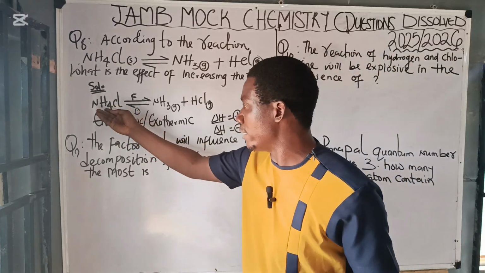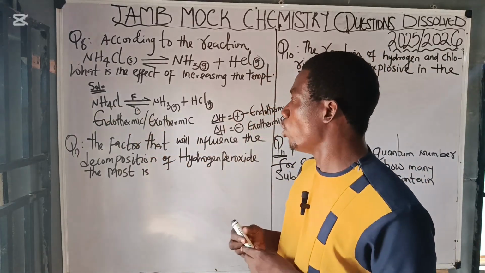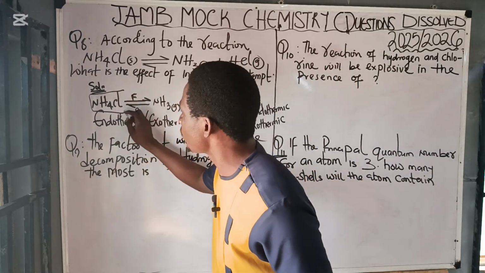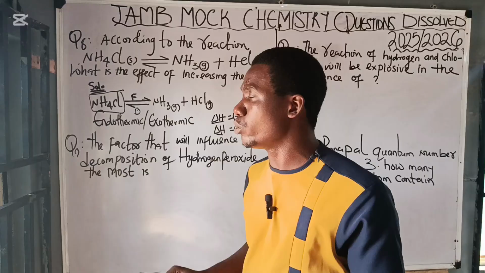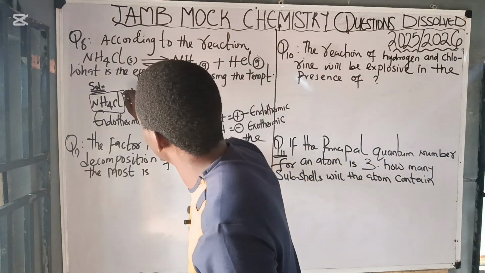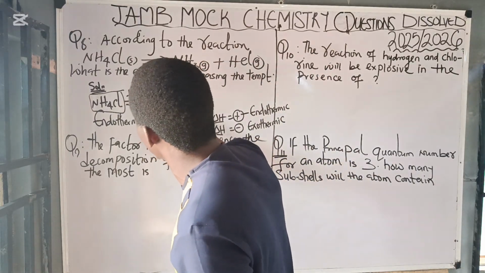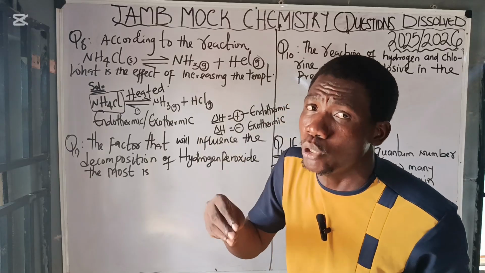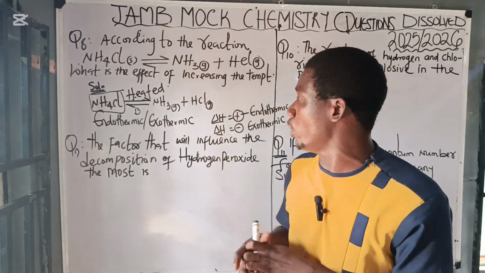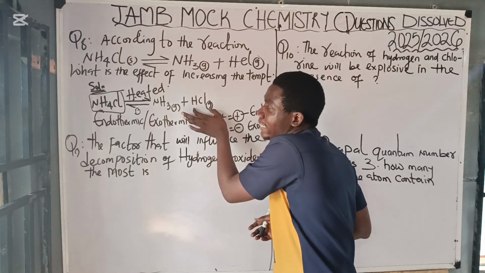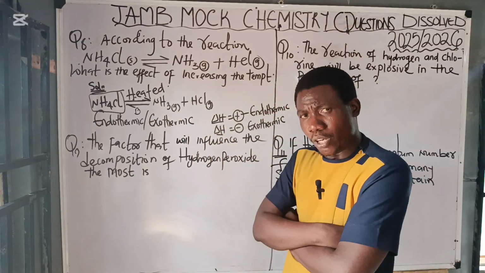Now look at this reactant and look at this product. You observe that the ammonium chloride decomposes, and the only way ammonium chloride can decompose is when it is being heated. Yes, when it's being heated. That is to say, ammonium chloride has to absorb heat from the surrounding and decompose to give you ammonia and hydrogen chloride. Do you understand?